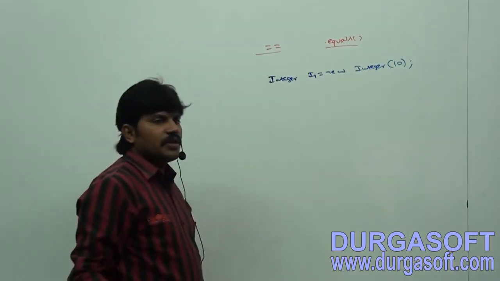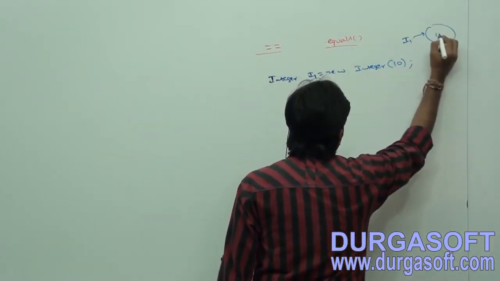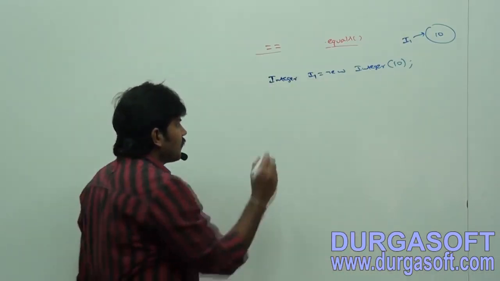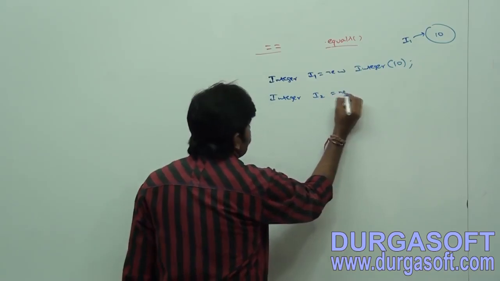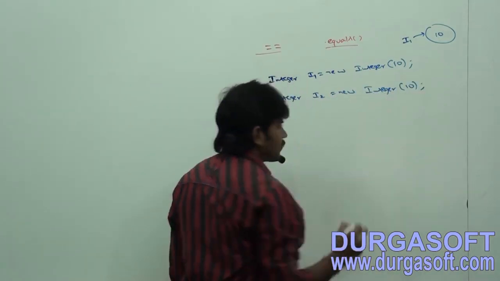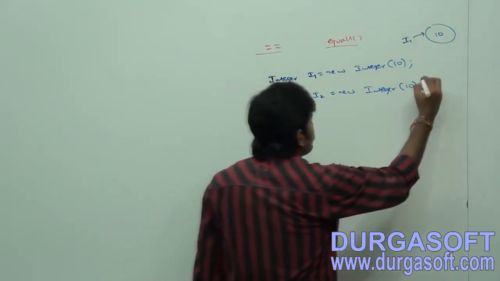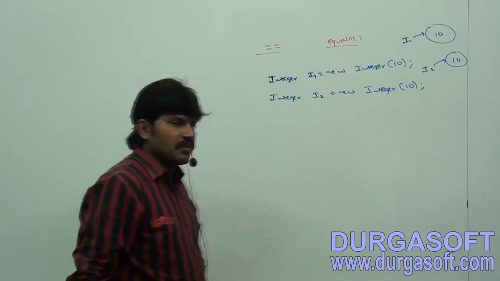So I1 is pointing to 10. Integer I2 is equal to new Integer of 10. So I2 is pointing to another object, but the content is the same, 10 only.